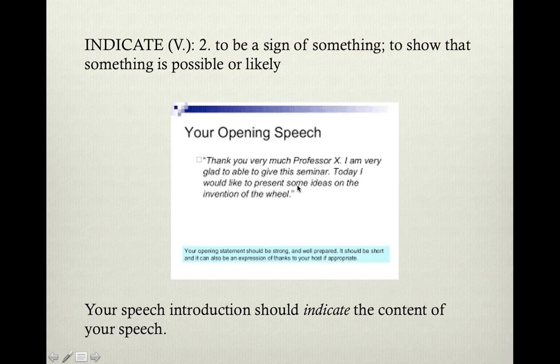Today, I would like to present some ideas on the invention of the wheel. Okay, so this is the introduction of the speech that this person is going to give in the seminar. And the introduction indicates that this person is going to talk about the wheel, about creating the wheel, the invention of the wheel, how the wheel was invented or created. It contains the topic or the thesis statement.